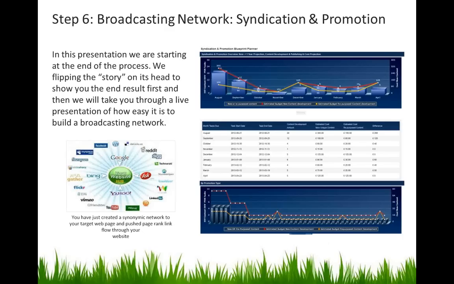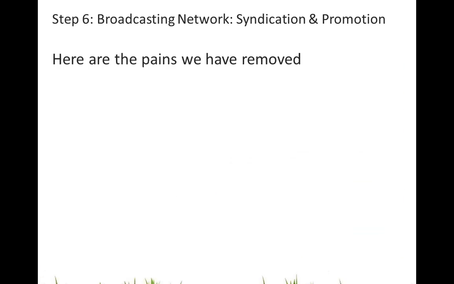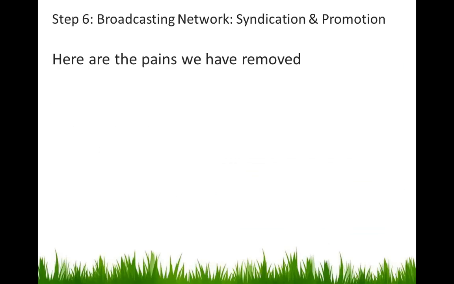And that is a very, very important point of this whole story, because that saves you a lot of money. And also it means when you are doing your syndication and promotion, you can be more focused and target the places where your clients are, or your prospects, or the people you're targeting are. And the whole system does it for you automatically.